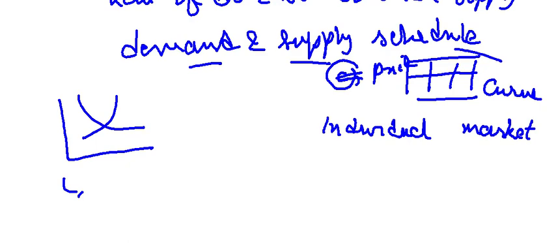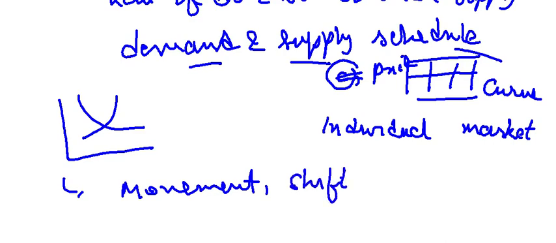But what you have to know here is there are two words: there can be movement and there can be shift of the demand and supply curve. This we also have to study here.